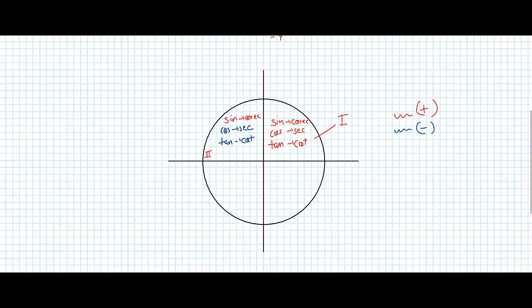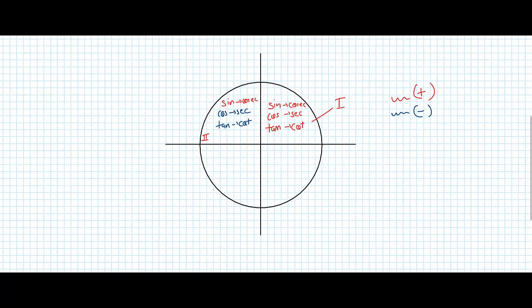Okay. In the third quadrant, sine is negative because all the projections are on the minus y-axis. Cosec is negative. Cos is negative. Therefore, secant is negative. But tangent is the ratio of sine over cos. Both are negative, which cancel out. Tangent is positive. Cotangent is positive.